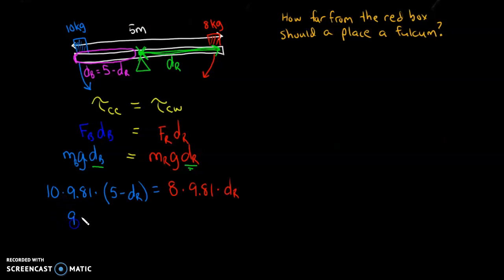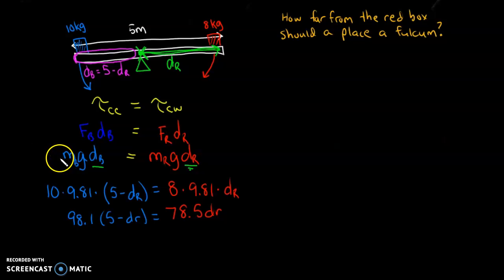So I have 98.1 times (5 minus dr) is equal to 78.5 dr.